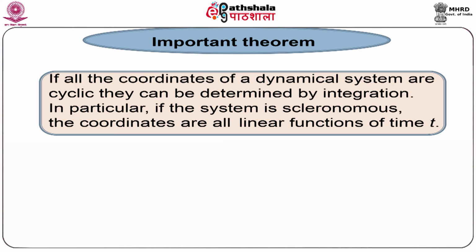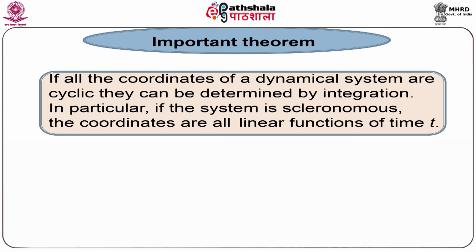For a scleronomous conservative dynamical system, kinetic energy is a quadratic function of generalized velocity. We have proved this result. Using this result, the total energy theorem has been proved in Hamiltonian mechanics. Next, we shall consider a theorem.